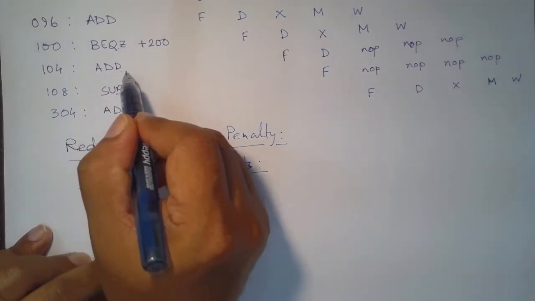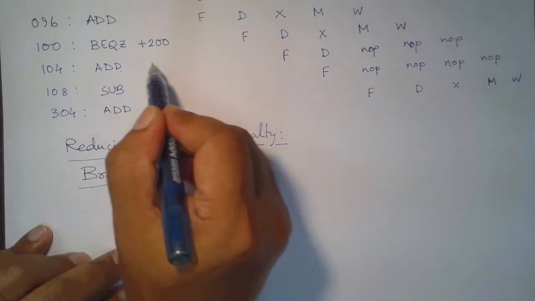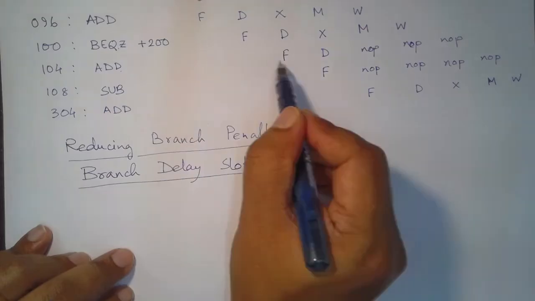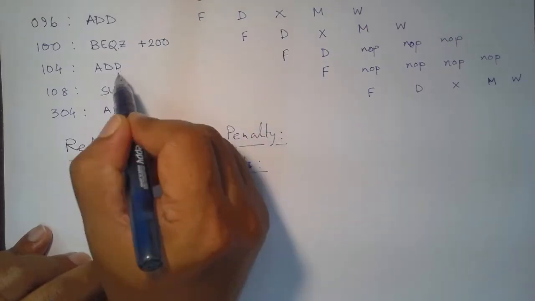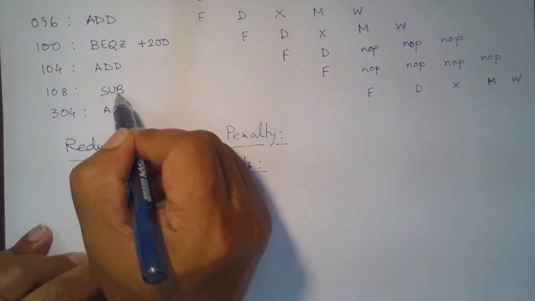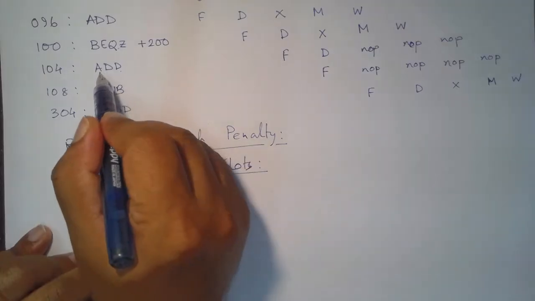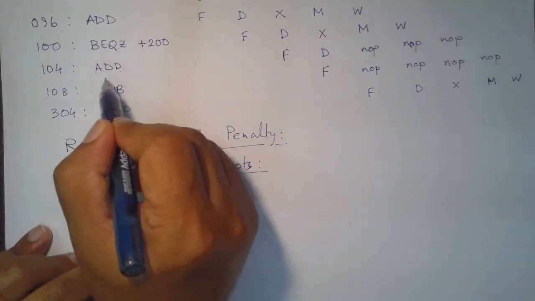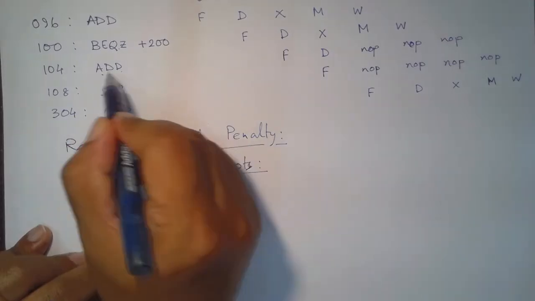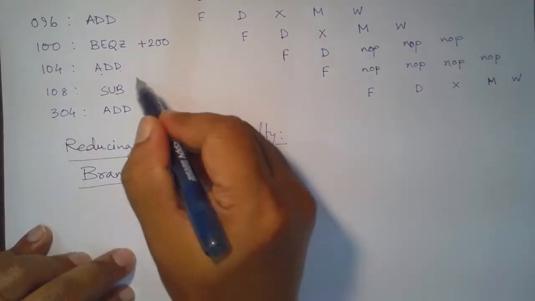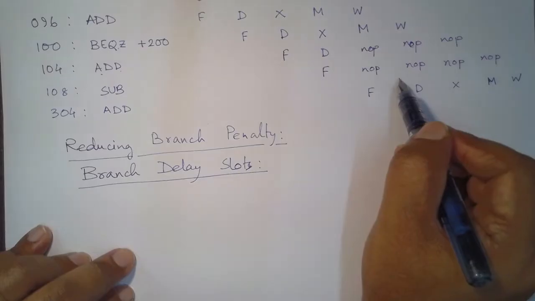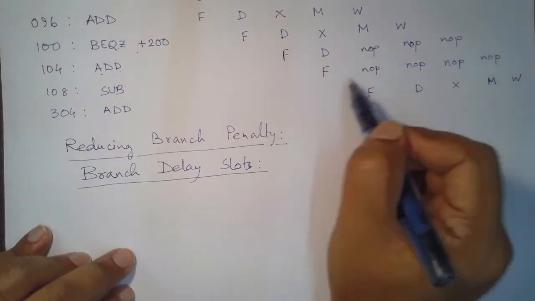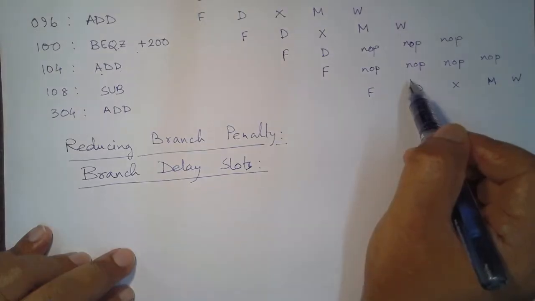So you figure out instructions which will be executed anyway, whether the branch is taken or not. What is the advantage? If I can find 2 instructions which are independent of the branch outcome and place them here, then I don't have to kill these instructions, because whether the branch is taken or not taken, these 2 instructions were supposed to get executed anyway.